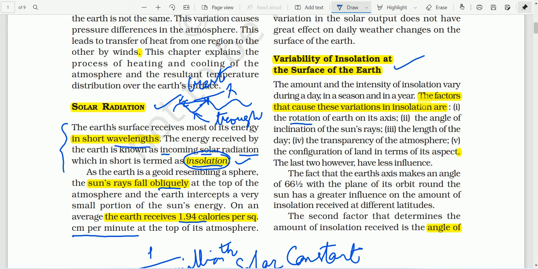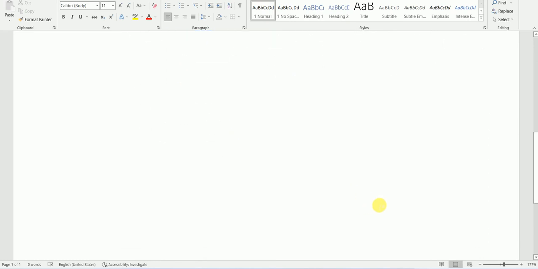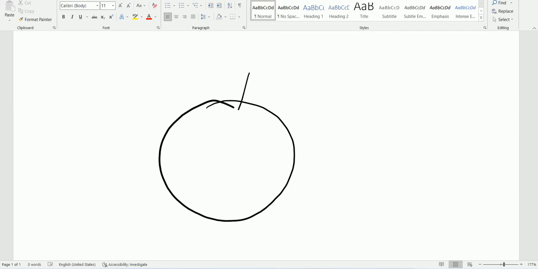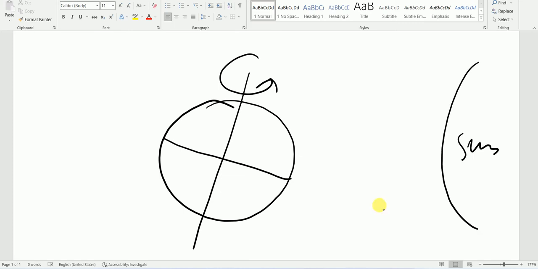Number one, rotation of the Earth on its axis. Very simple. Here this is the Earth and this is the axis, and the Earth is rotating on its own axis. Let us say here we have the Sun, and this side of the Earth will receive the sunlight, and on the other side it will be in darkness.